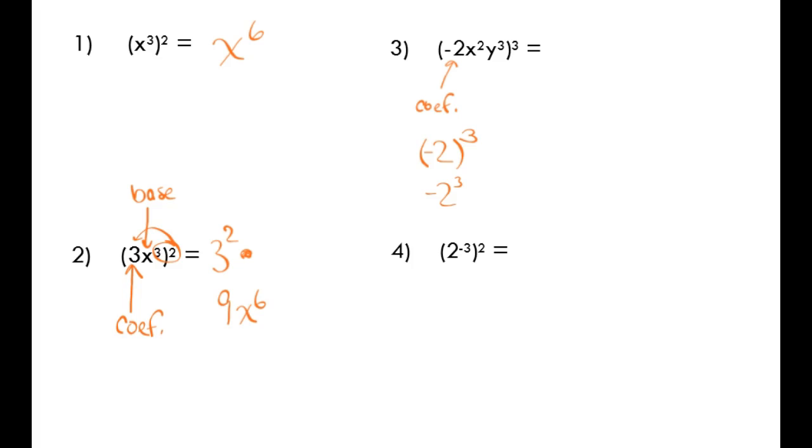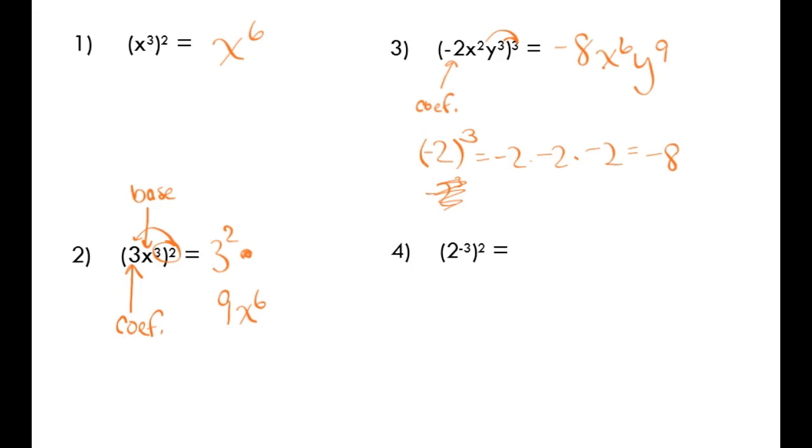It ignores the negative first and then just does 2 to the third and then puts the negative on. But we don't want that. We want negative 2 times negative 2 times negative 2, which is a negative 8. So I know it starts with negative 8 because that's negative 2 to the third power. And then individually, it's almost like distributing. I multiply 3 and 2 for the x's, and then I multiply 3 and 3 for the y's.